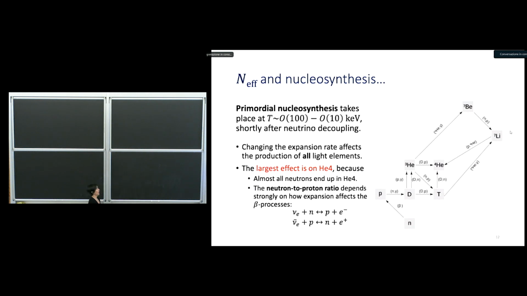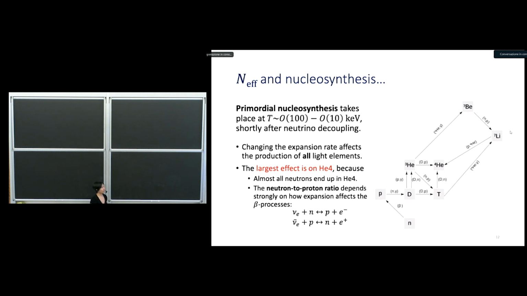Okay? Now, key thing here is that these are nuclear reactions, and so the expansion rate would be something that matters for how effective these reactions are. Because remember that we compare lambda gamma, the interaction rate per particle, with H, right? So if you change the expansion rate, you will definitely have an effect on these interactions. Now, as it happens, the largest effect that expansion has is on helium-4.